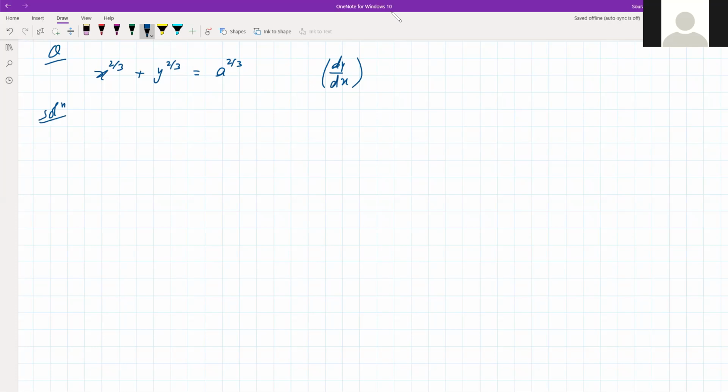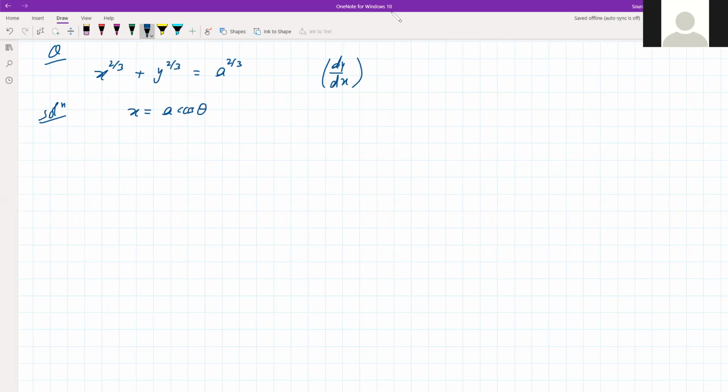So in order to do that, we are going to do some substitution. That is x is equal to a cos theta. We'll try this. But if I put a cos theta, I won't gain anything. I'll get a cos theta and then whole to the power 2 by 3, which is of no use. So instead, who is creating the problem?